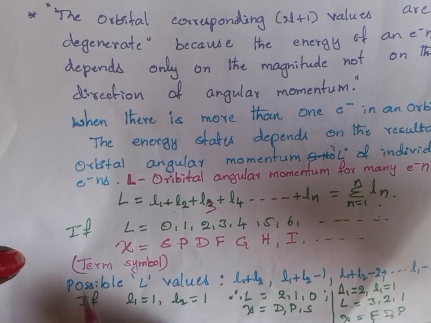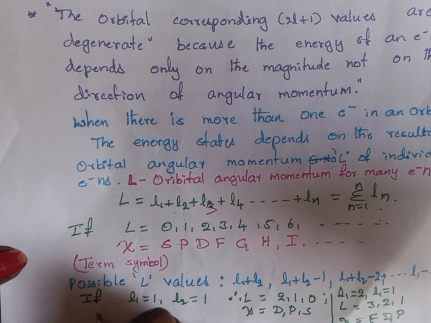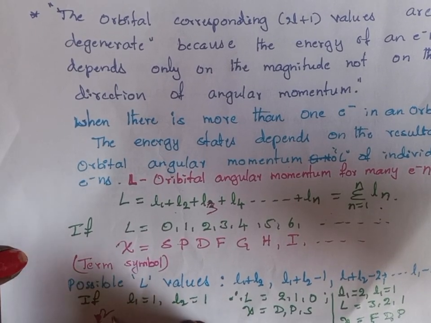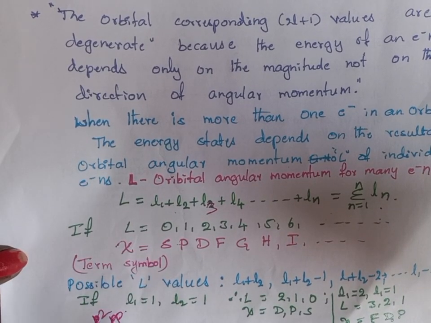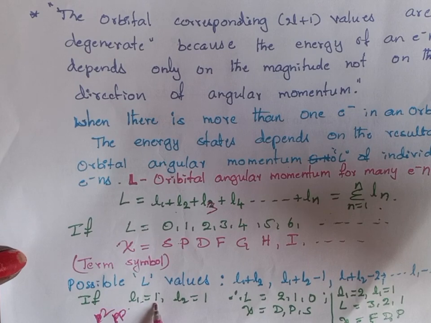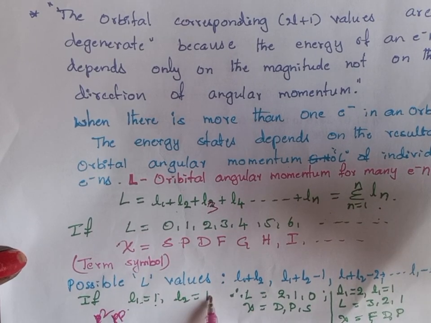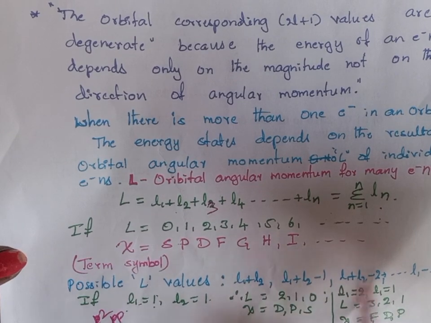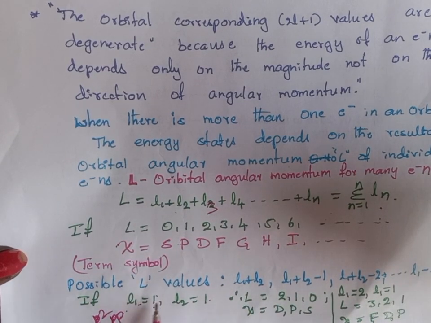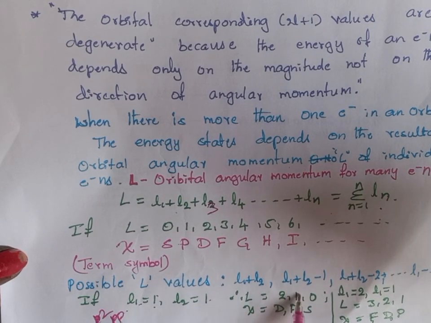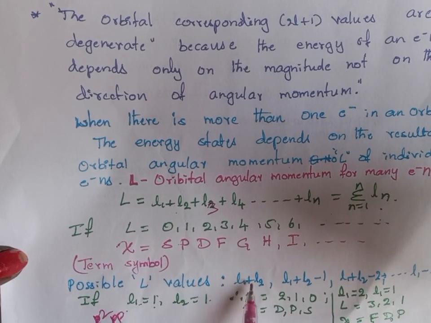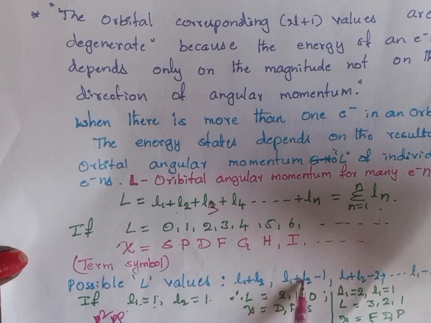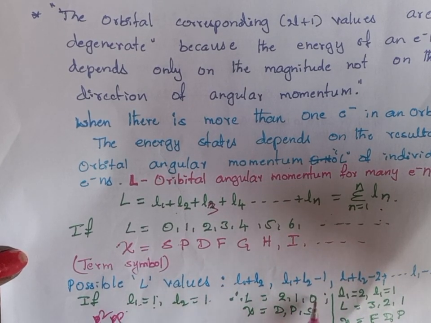If we have a d² configuration or p² configuration: for p² configuration, it is a pp configuration. l1 value is 1, l2 value is 1. So capital L values will be l1 + l2 to l1 - l2, that is 1 + 1 to 1 - 1, that is 2, 1, 0. 1 + 1 is 2, 1 + 1 - 1 is 1, and 1 - 1 is 0.